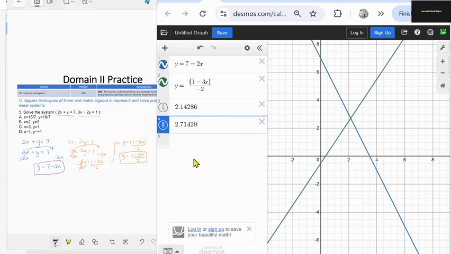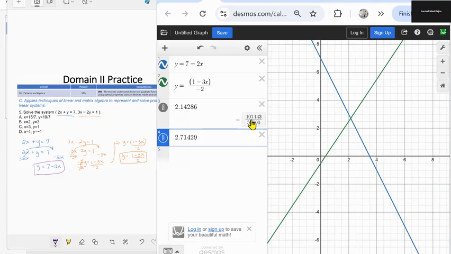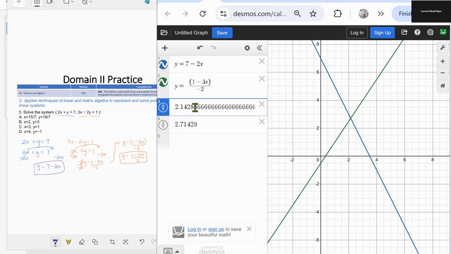Now, sir, this is decimal, but my given here is fraction. You just click this button here. Let's put it like this. That's fine.